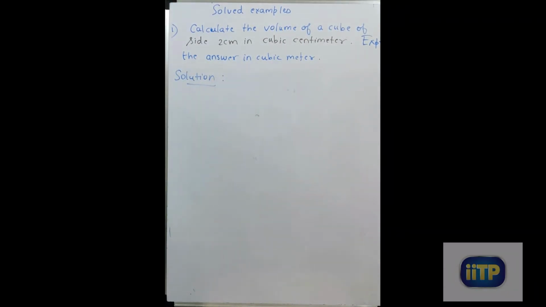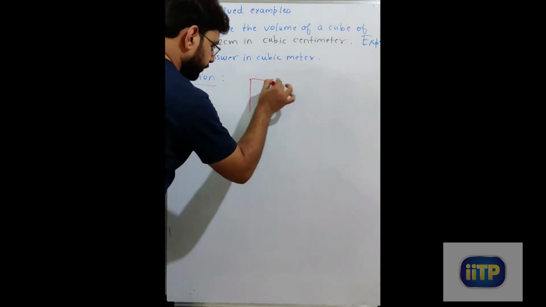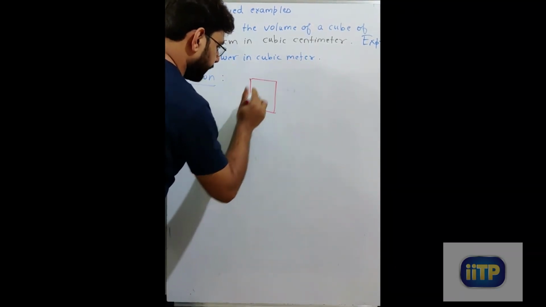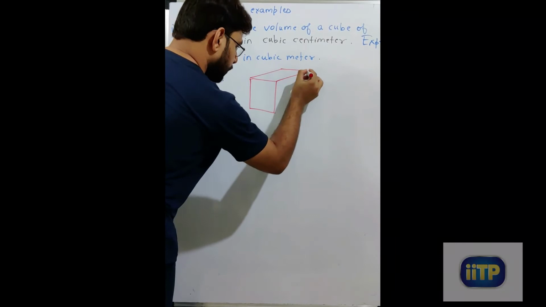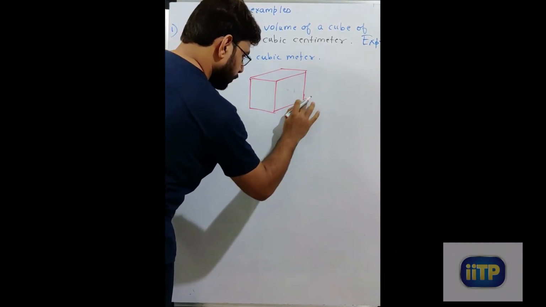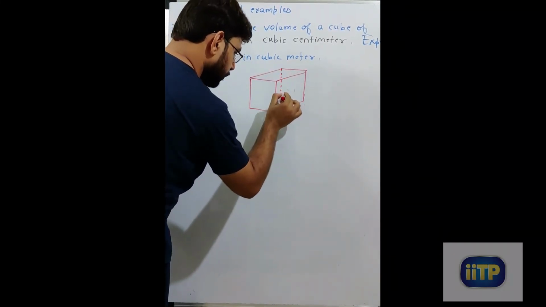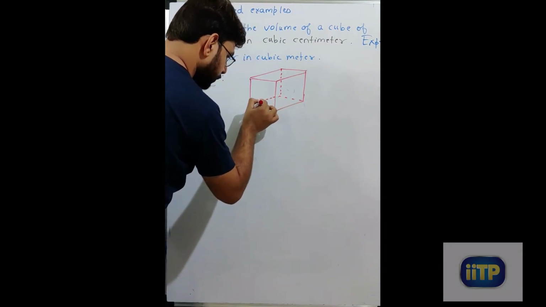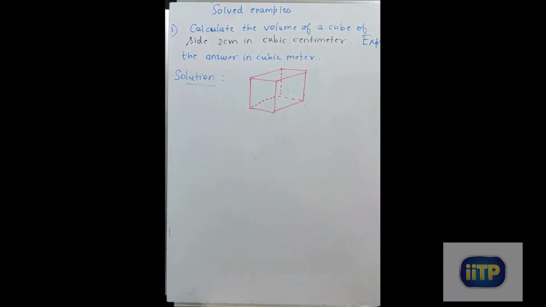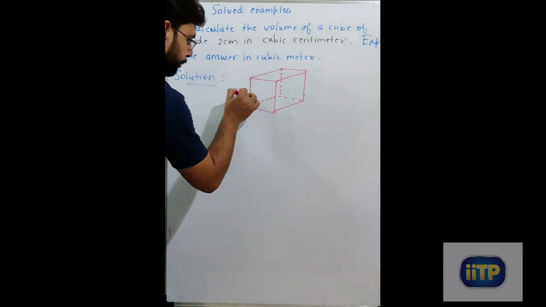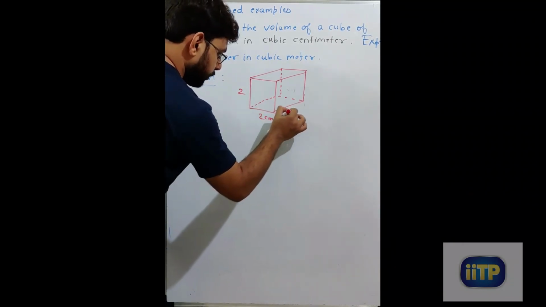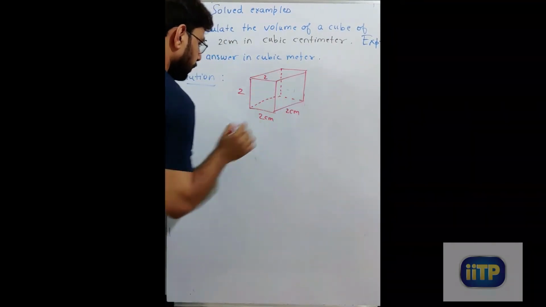Now, what is the volume of a cube? Everybody knows that. Suppose this is a cube, right? The side of the cube is given to be 2 centimeter. Correct?